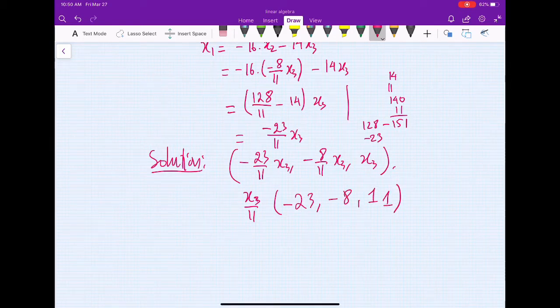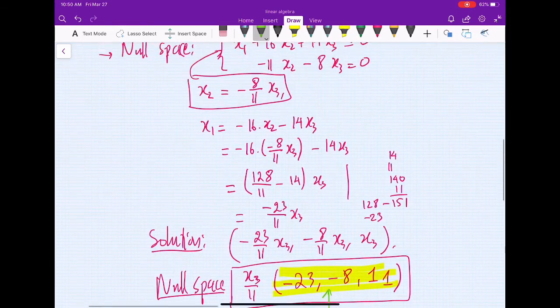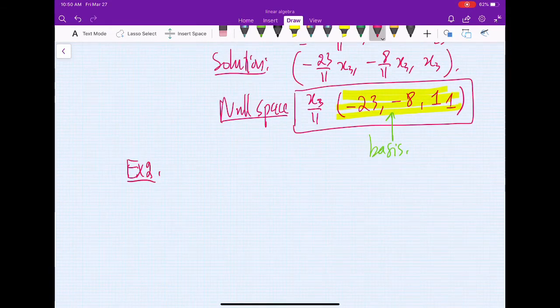So what does it mean? That means the null space contains all vectors of this form. That means this vector is a basis of the null space. Okay, and this is the basis of the null space. So we are done.